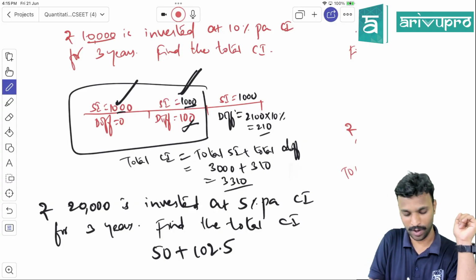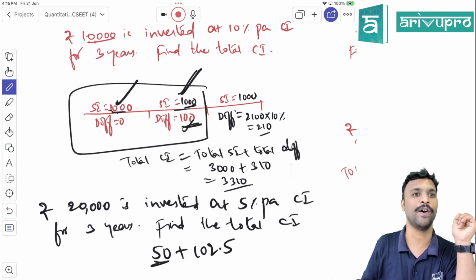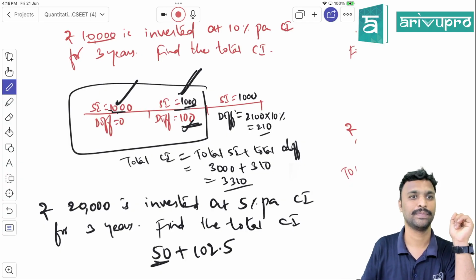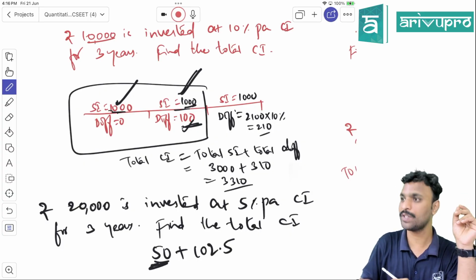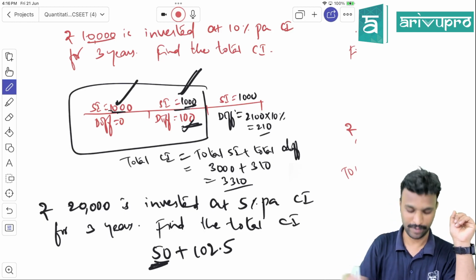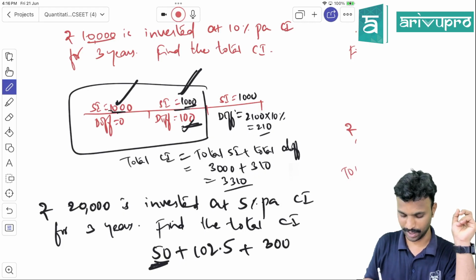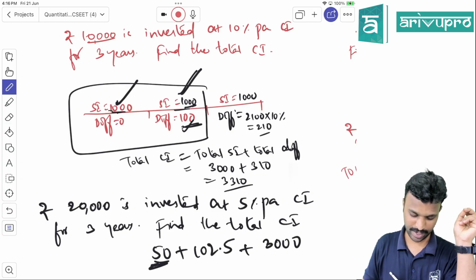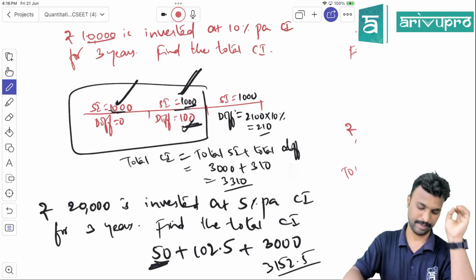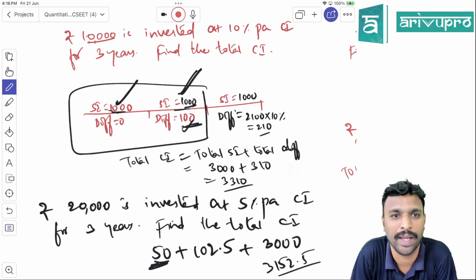All SIs you will take 5%, even on the difference also 5%. So how much is it? 102.5 plus the total SI for 3 years, 3000. So total 3152.5. Clear? Everyone.